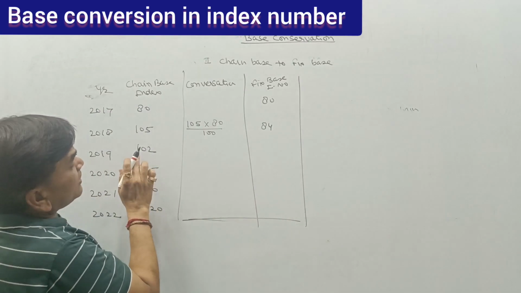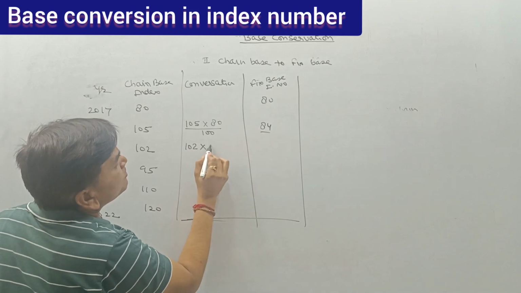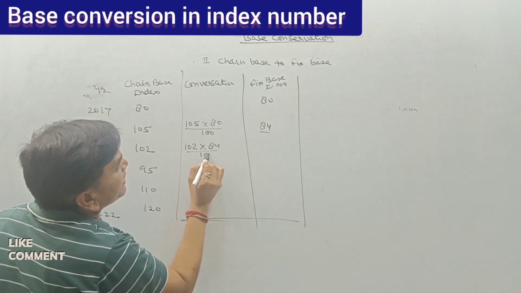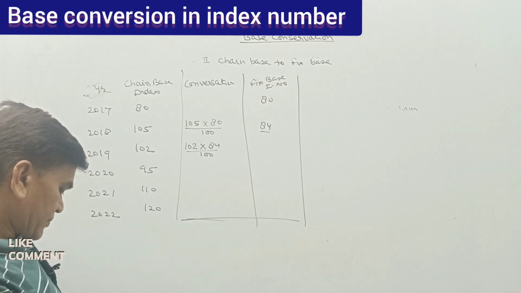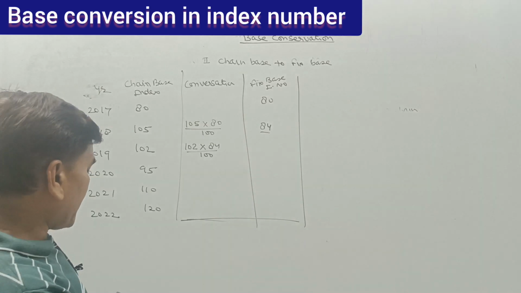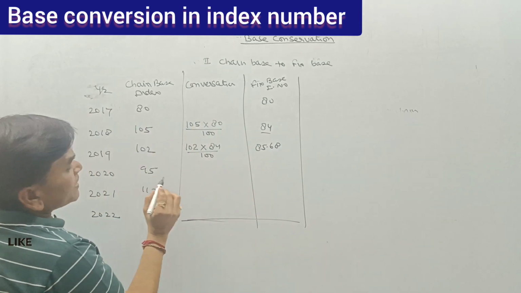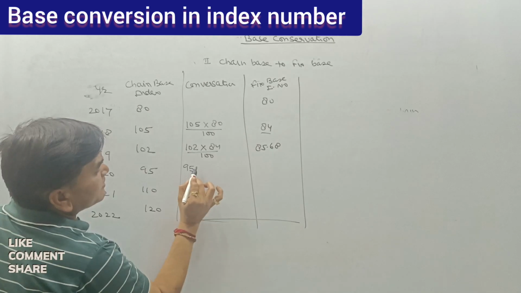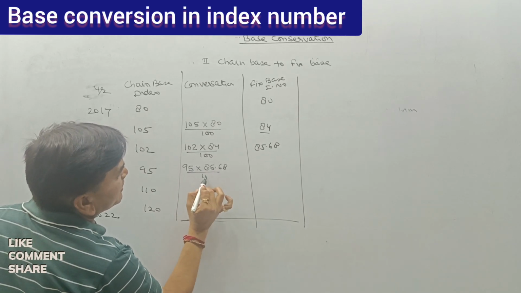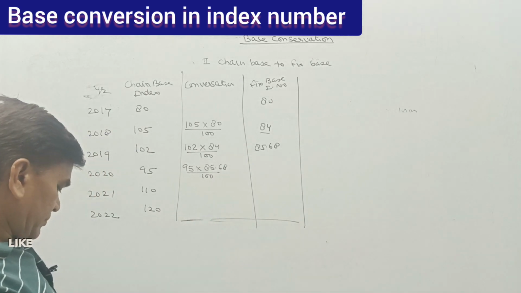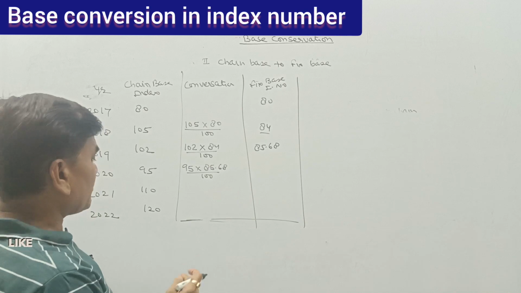Next, 102 multiplied by 84 divided by 100, that is 85.68. Then 95 multiplied by 85.68 divided by 100, so this will be 81.396.